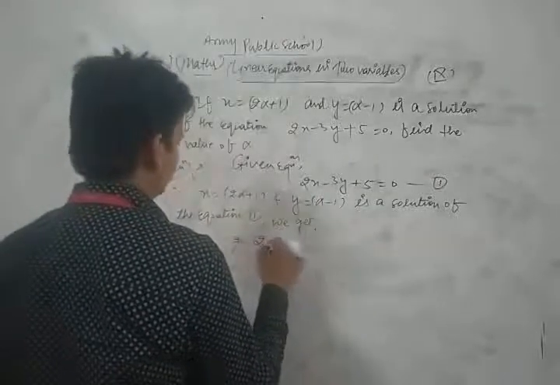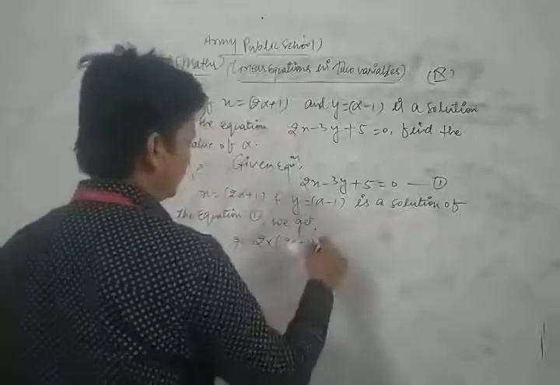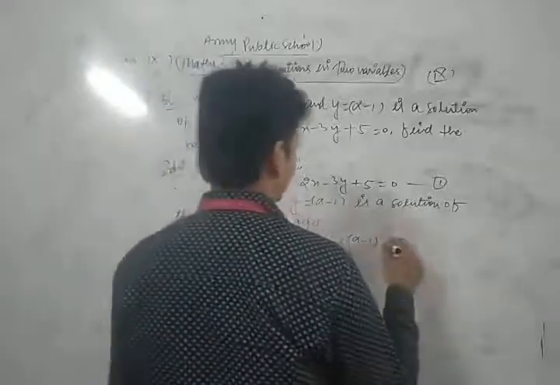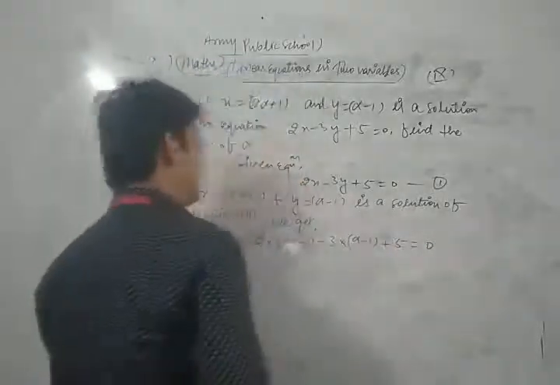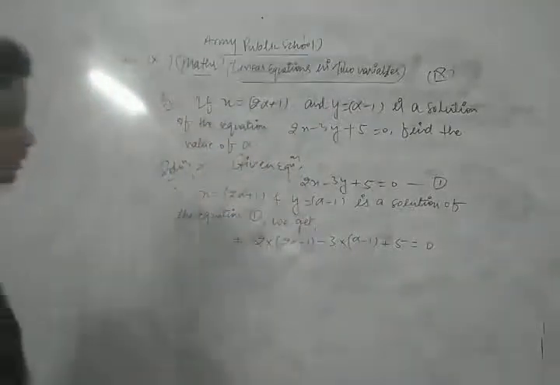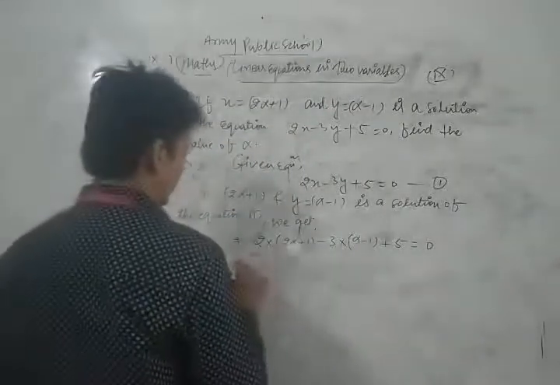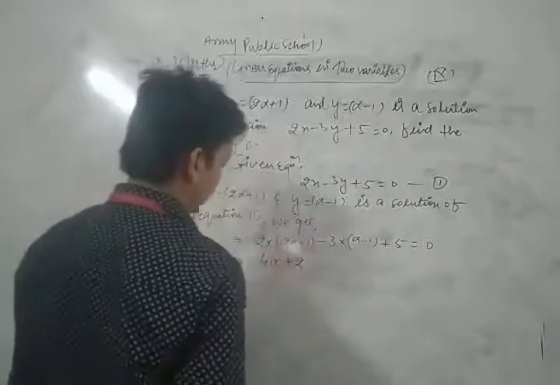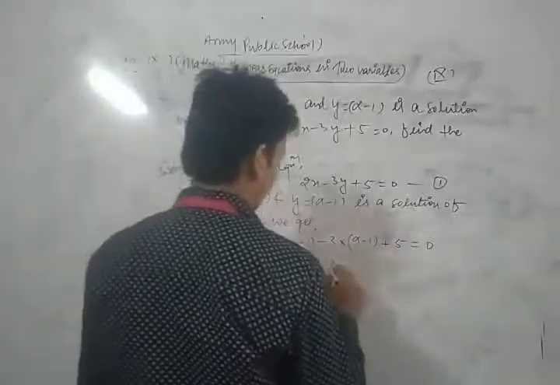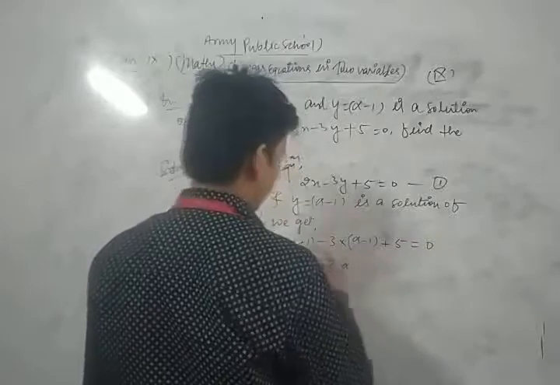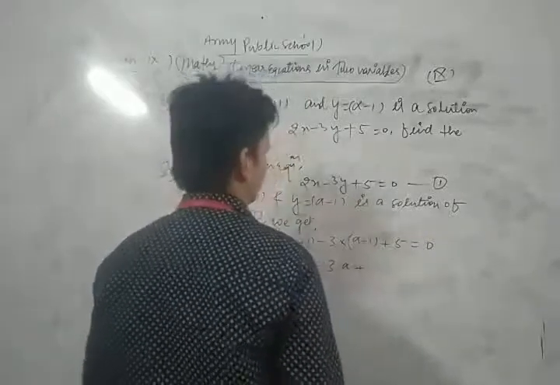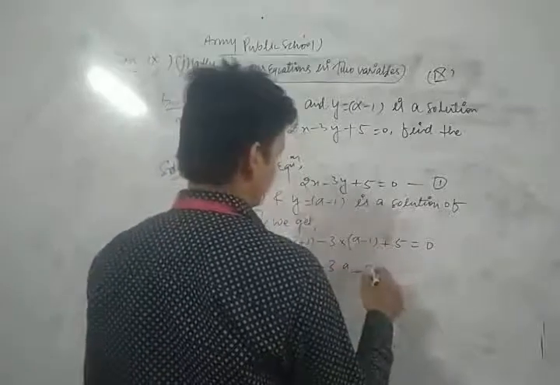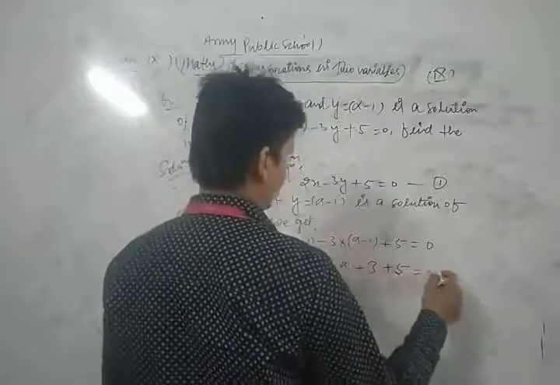So we get 2 into x, meaning 2 alpha plus 1, minus 3 into y, meaning alpha minus 1, plus 5 is equal to 0. Now we simplify them. So we get 2 twos are 4 into alpha plus 2 ones are 2, and minus 3 into alpha, minus minus plus, 3 ones are 3, plus 5 is equal to 0.